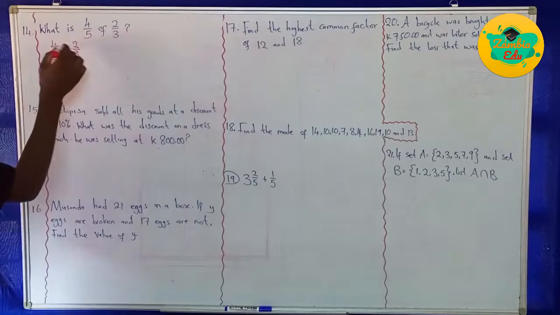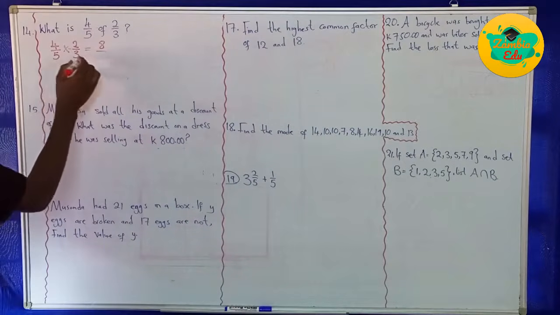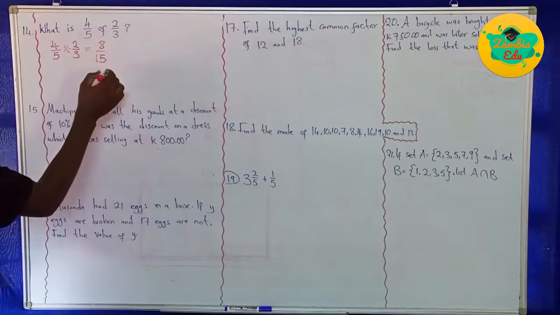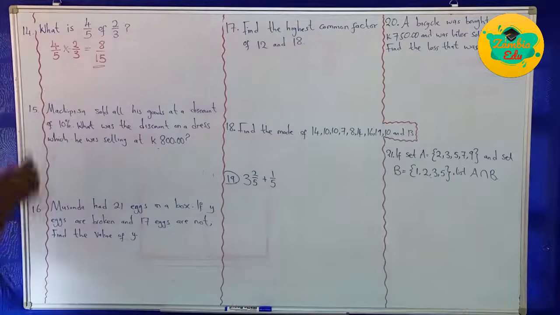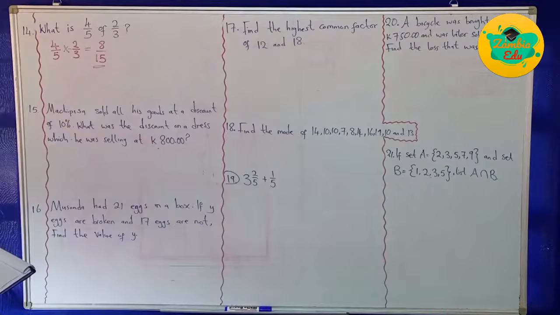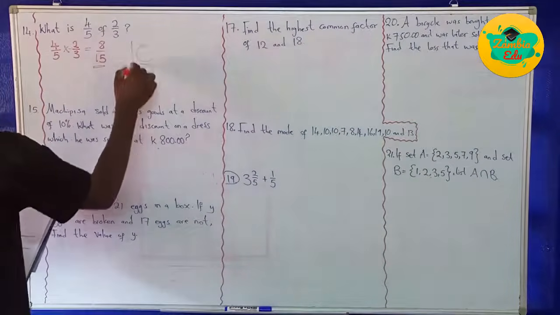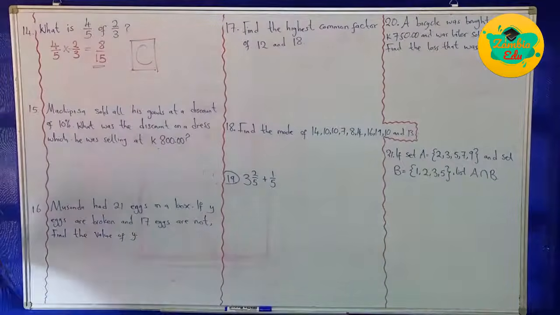Since we're multiplying, 4 times 2 gives us 8, 5 times 3 gives us 15. There's nothing common, so it's written in its simplest form, and that becomes our answer. For question 14, the answer was 8 over 15, and it was presented as option C. So option C is our answer.